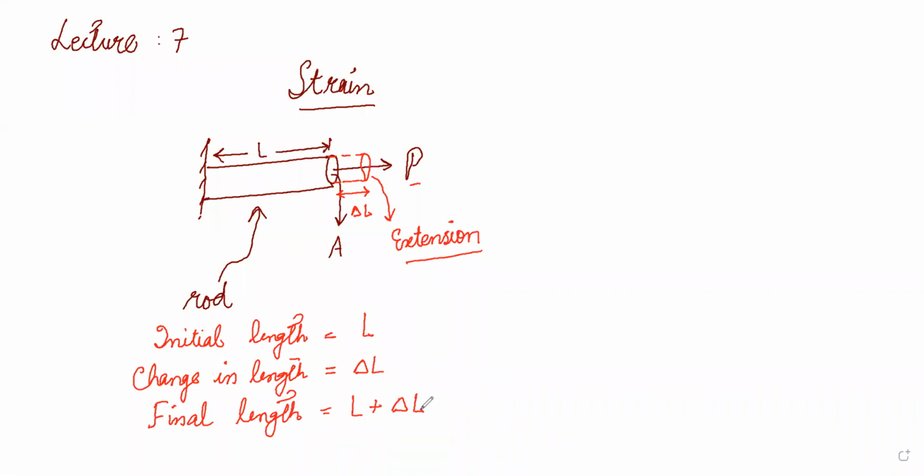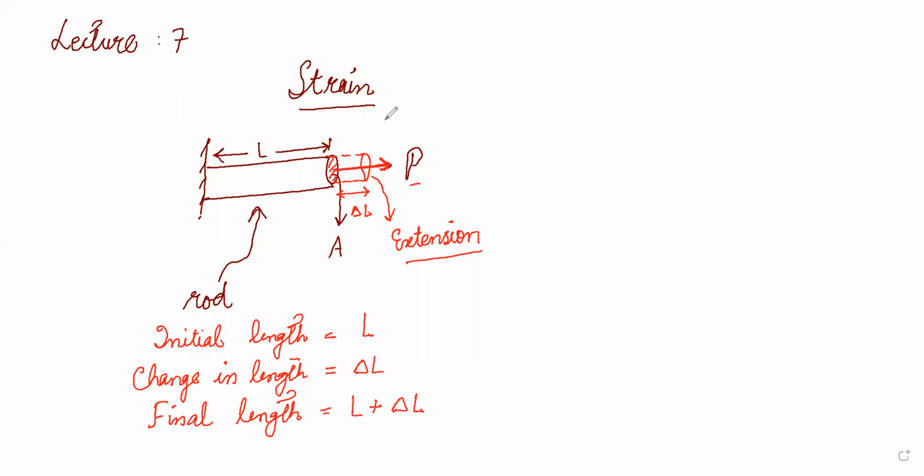As far as the deformation is concerned, the change in length has happened in the direction of the load. If you look at the change in length, it is in the same direction as the direction of the load, which is perpendicular to the area of cross section.